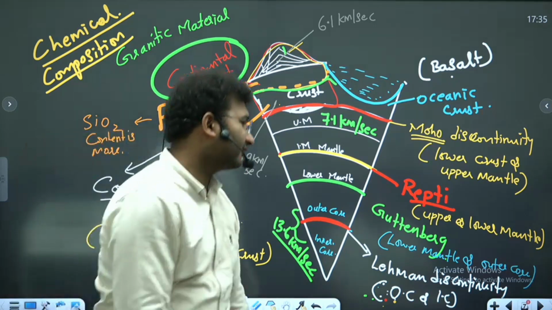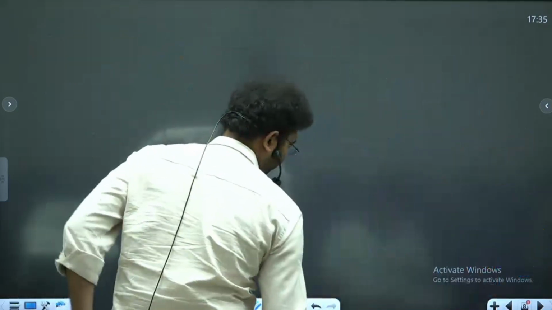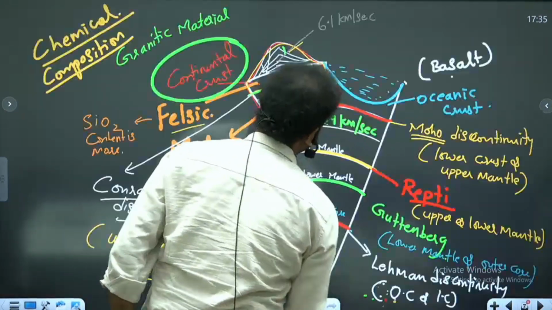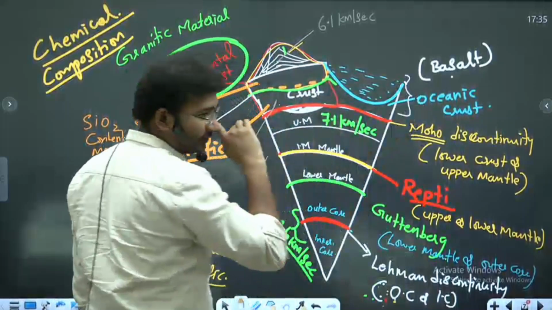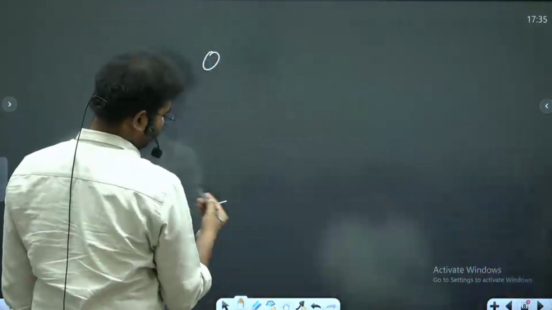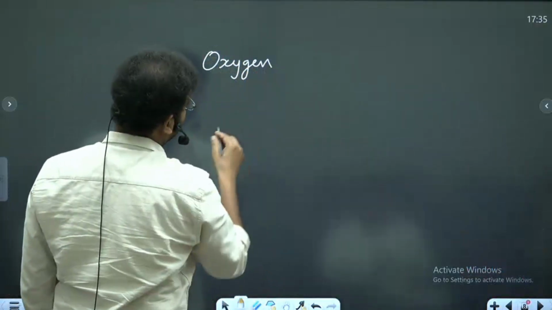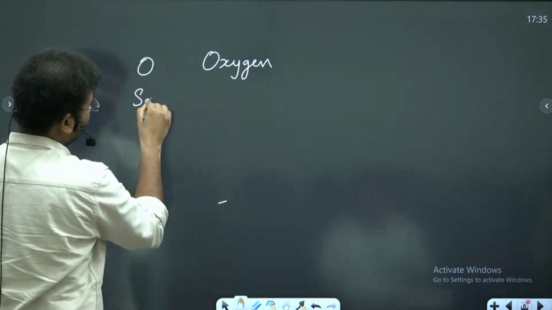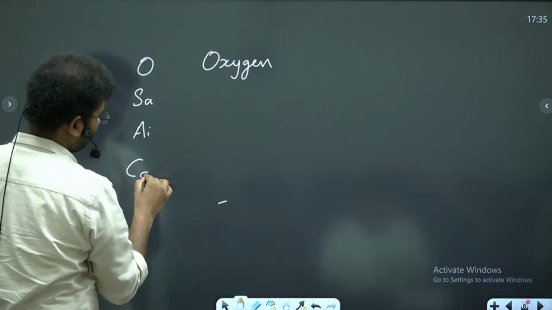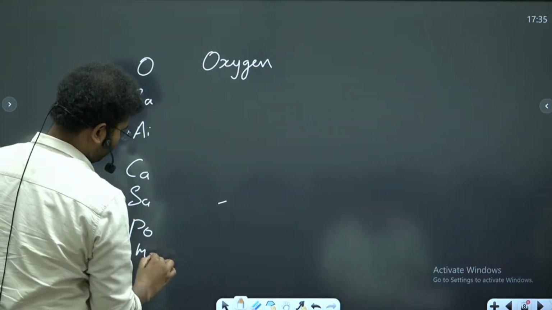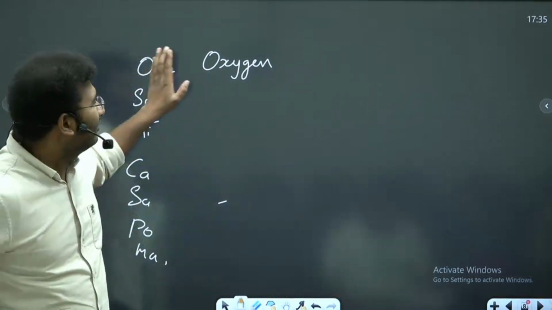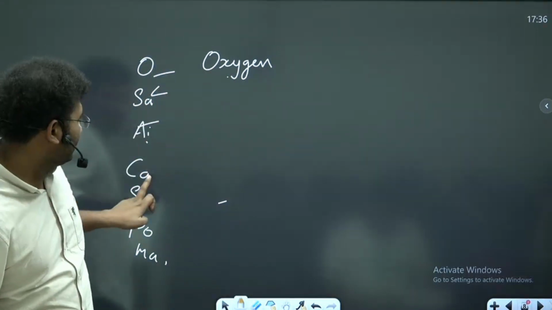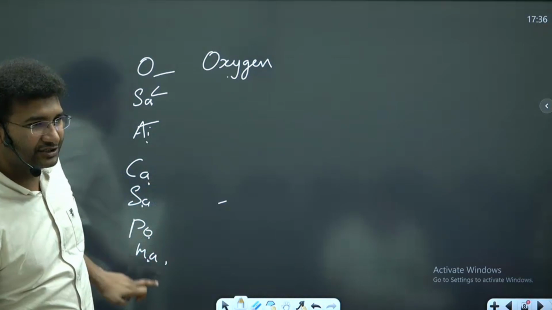So there is a way to remember this. I am talking about this part of the crust. It can be oceanic crust and continental crust. Osai Kasapoma, these are some techniques that you can make, short forms and all. Oxygen, silica, aluminium, calcium, sodium, potassium, magnesium and others.